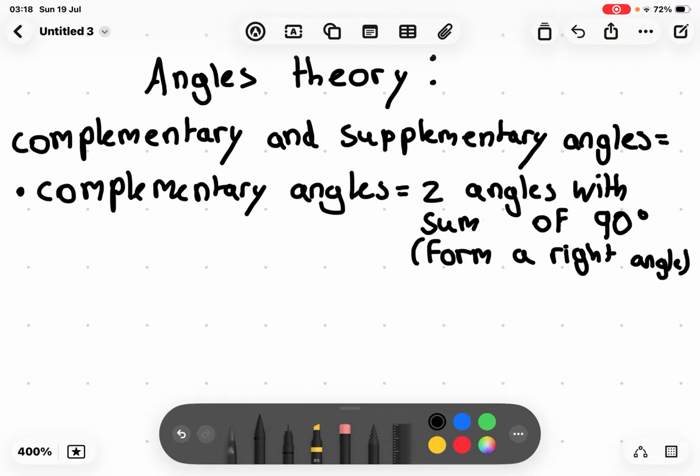So basically, complementary angles form a right angle. And an example of this is easily shown.